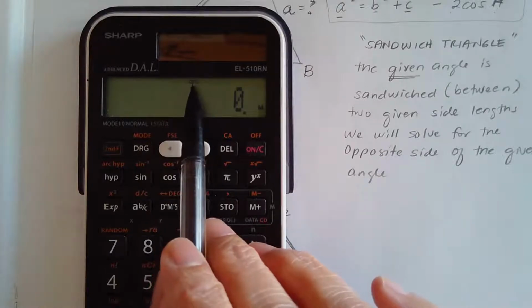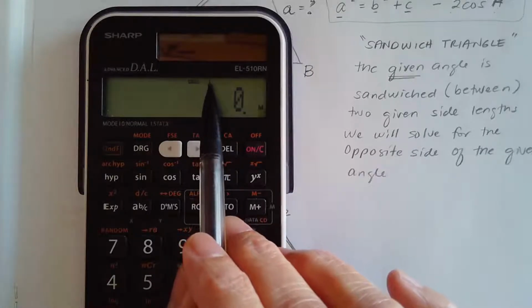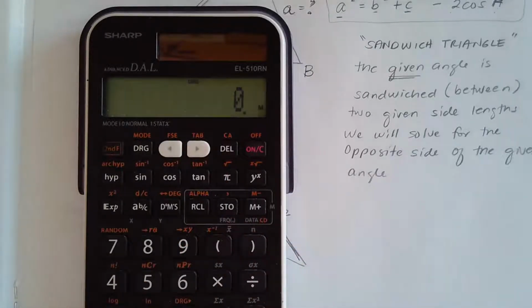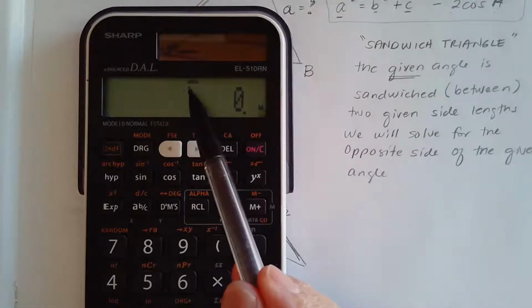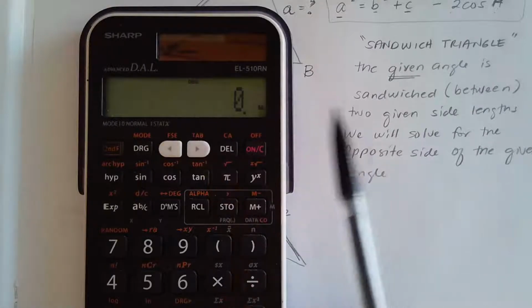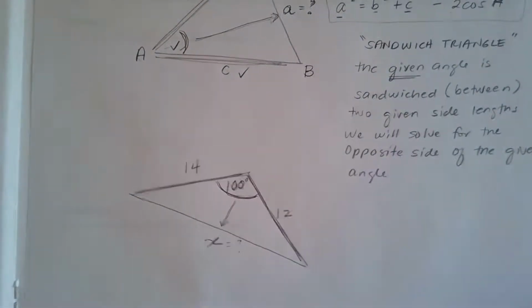Your calculator might say DEG, or have a little D on the top that indicates we are operating in degree mode. If your calculator says R or G, gradient, then we have to change it. Okay, so let's get started.